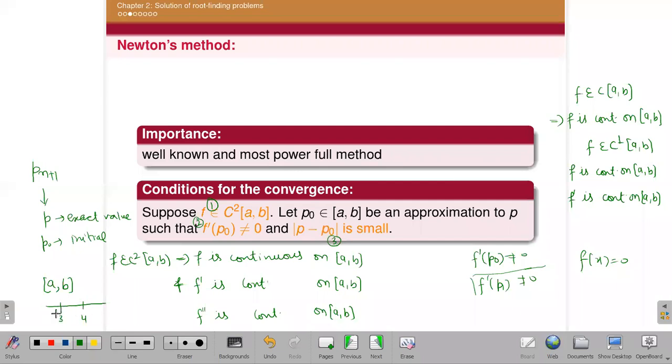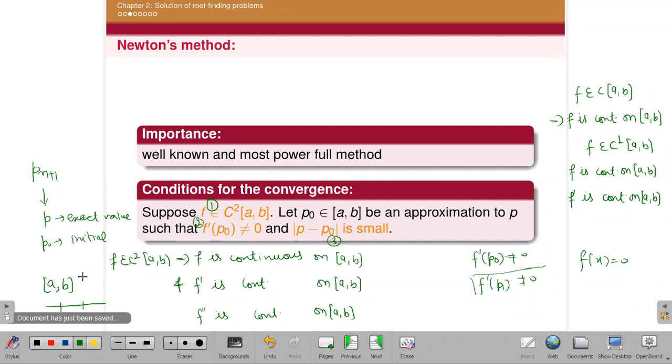P can be 3, 3.1, 3.2, 3.9 and 4 also. It can be anything between 3 and 4 only. And if you take your initial guess between 3 and 4, that is okay. That means we will say P minus P naught is small.